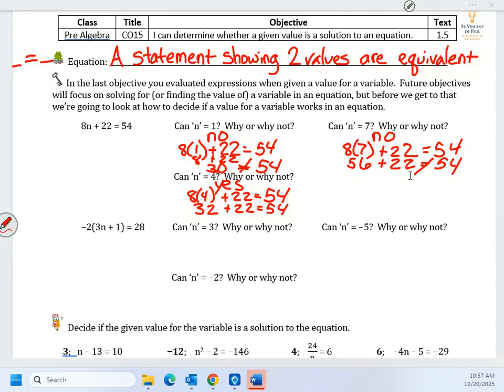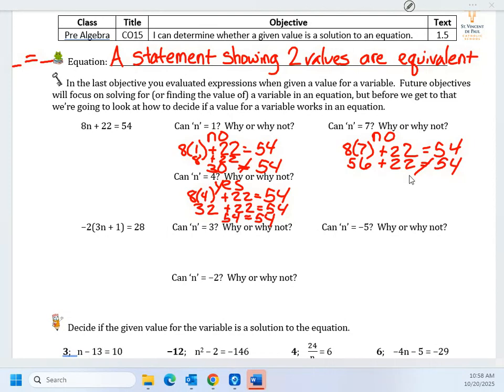Writing out our steps. So you're doing it with me right now. Make sure we do it when we show our work. Okay, we're showing that 32 plus 22 really does equal 54. So I'm showing that they are equal. We're not guessing. We're not saying, yep, I did it in my head and I think that works. We're showing it step by step.